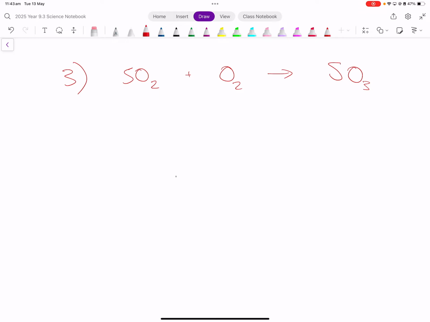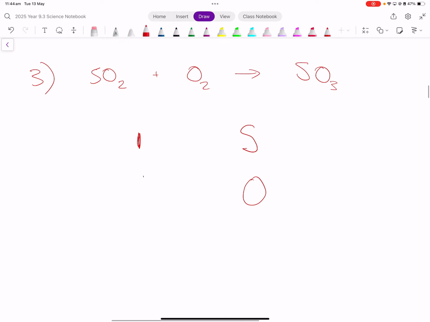So number 1. Above the arrow, the only 2 elements I have are sulfur and oxygen. So I start by writing sulfur, and secondly I write oxygen. Now the trick here, everyone, is sulfur on the left is nice and easy. I've only got 1. Sulfur on the right, also nice and easy. I've only got 1. Oxygen, however, is a little bit less nice.